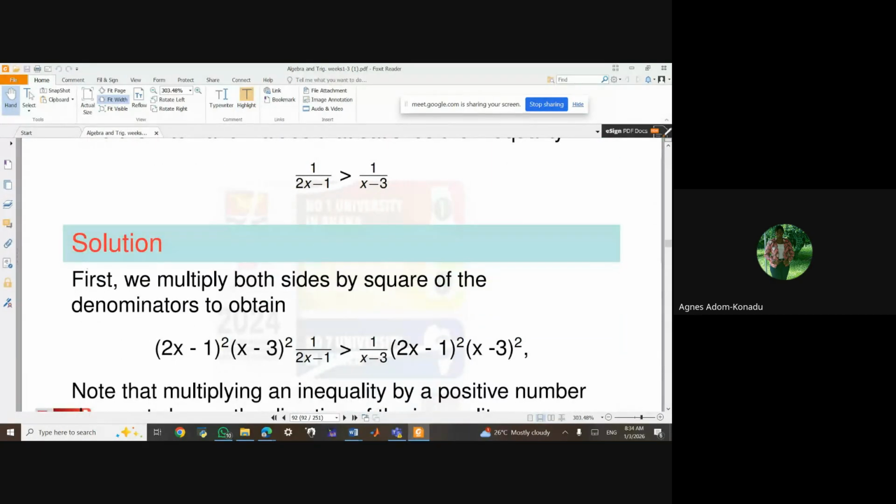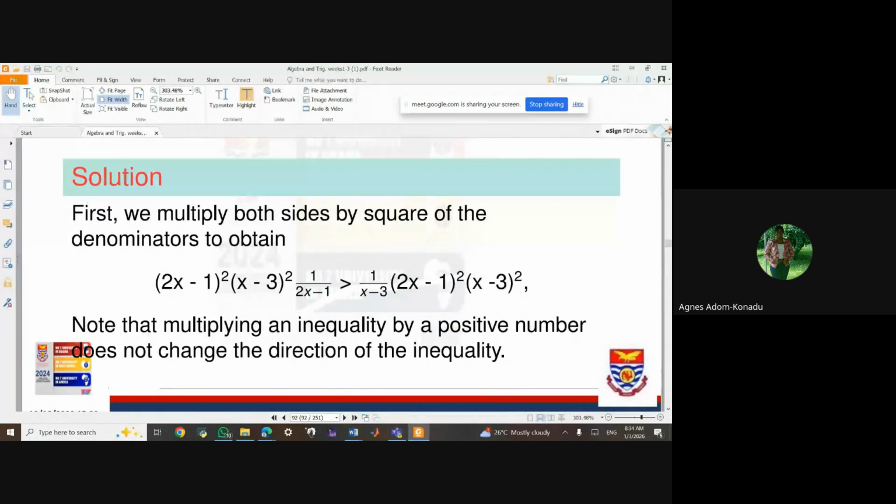Okay, so we multiply through by 2x minus 1 squared and then x minus 1 squared times 1 over 2x minus 1. And this 1 over x minus 1, then the 2x minus 1 squared and then x minus 1 squared. So after this, the rest is just simplification. That's what I taught you how to simplify.